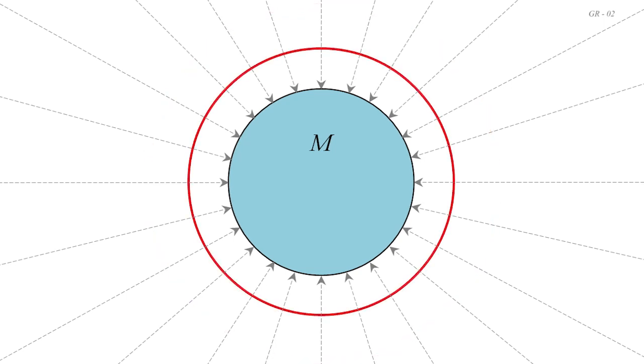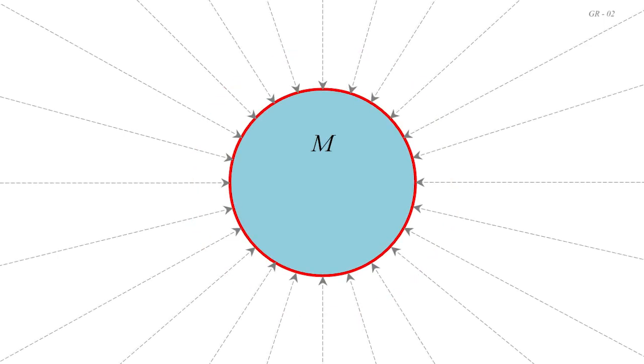We could even use the actual surface of the spherical mass, like this, shown by this red line. Now the area of a sphere is 4 pi r squared, where r is the radius, and as we're considering the red sphere in this diagram, which is concentric to the spherical mass M, it means that its surface is always at right angles to the field lines, and so we don't actually need to do any integration.